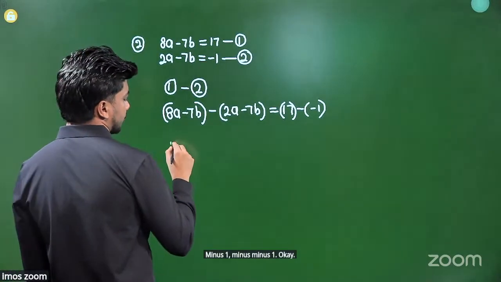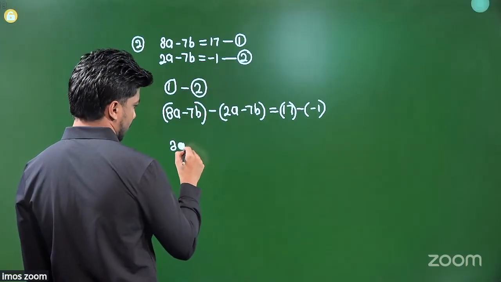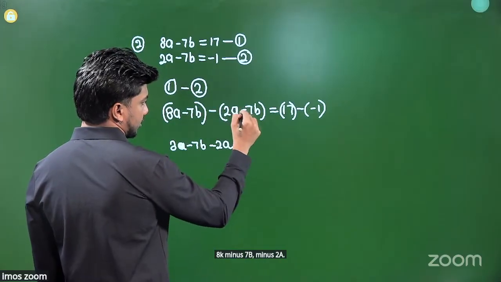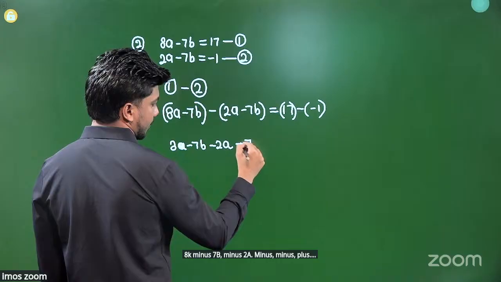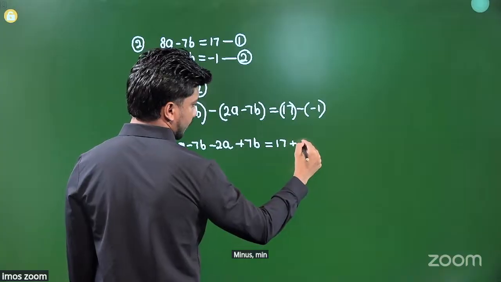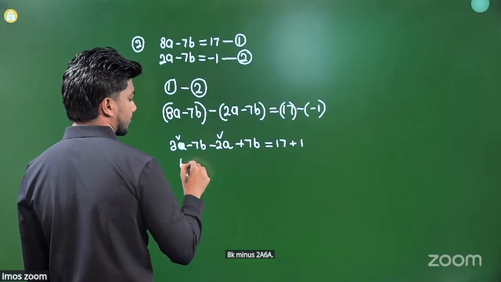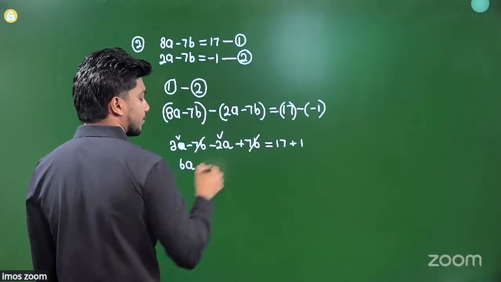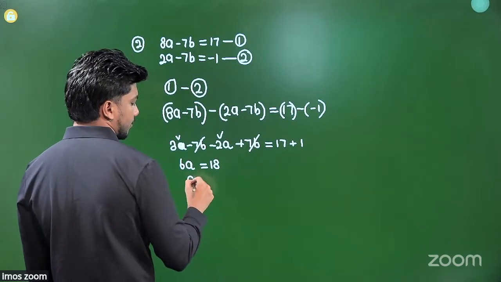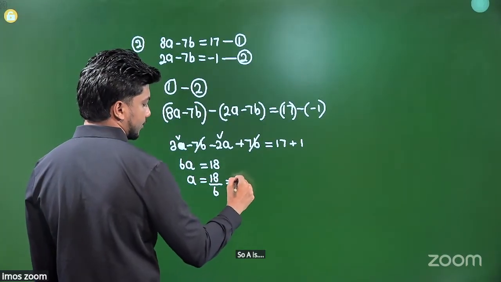Okay, remove the brackets. 8a minus 7b minus 2a, minus minus plus, minus minus plus. 8a minus 2a is 6a. So a is 18 over 6, it is 3.